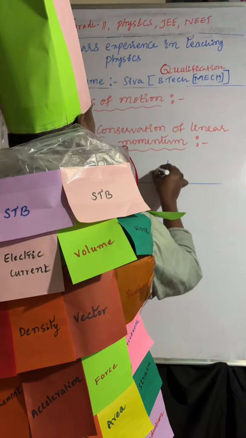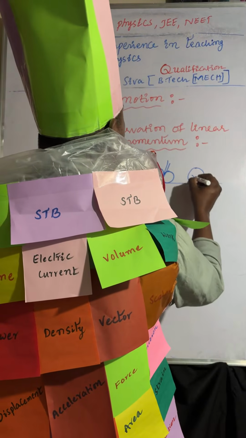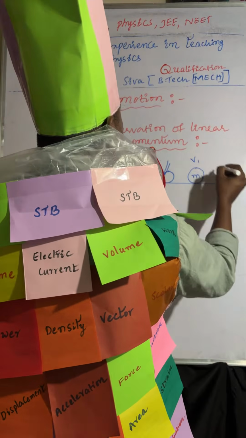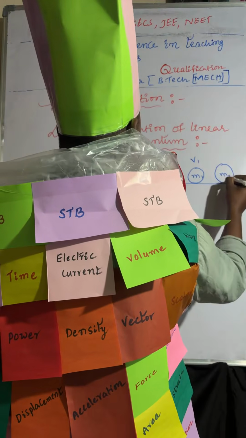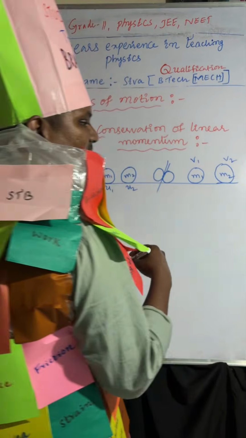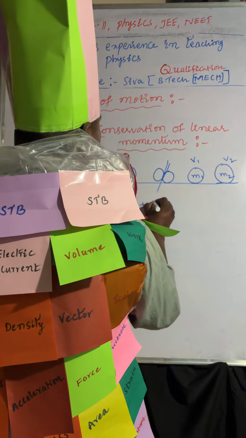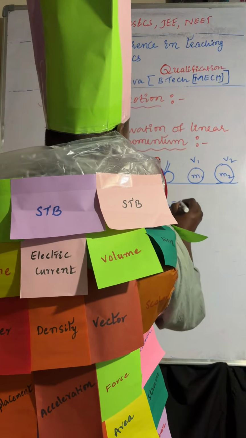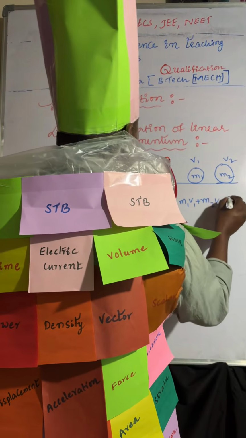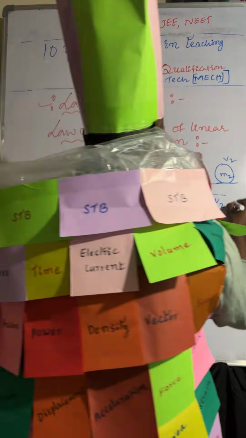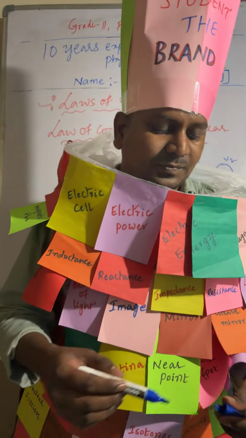After collision, the masses are the same, but the velocities are v1 and v2. Then m1 u1 plus m2 u2 equals m1 v1 plus m2 v2. Momentum before collision equals momentum after collision.